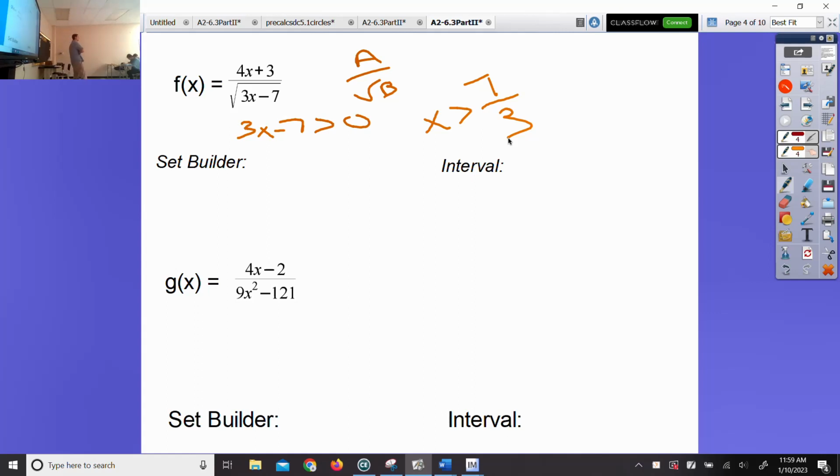G of x. How do I figure out its domain? Is 4x minus 2 going to be a problem? No, numerators never are unless there's a radical there. What's going to be the problem? I am not going to factor this.